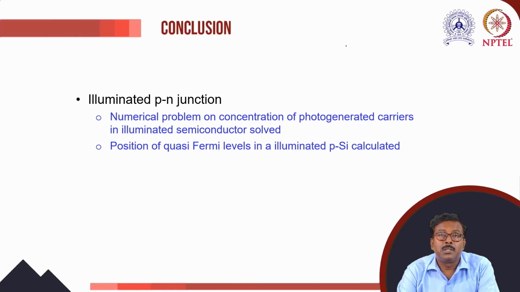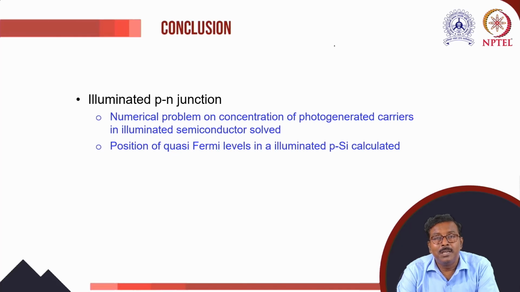So we discussed two problems mainly on the carrier concentration of photogenerated carriers in an illuminated semiconductor, and we have seen that the increment of minority carrier concentration is more significant. Second, the splitting of the Fermi level due to illumination: the quasi-Fermi level for the majority carrier will not change significantly, but the quasi-Fermi level for the minority carrier changes significantly.